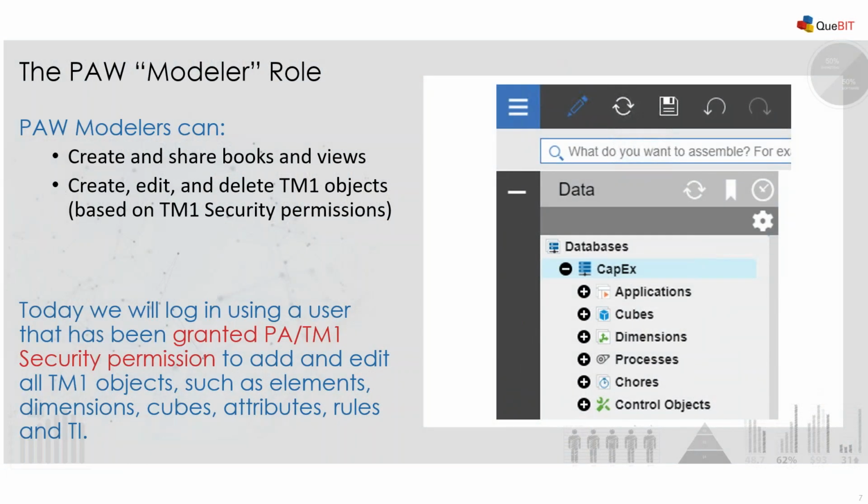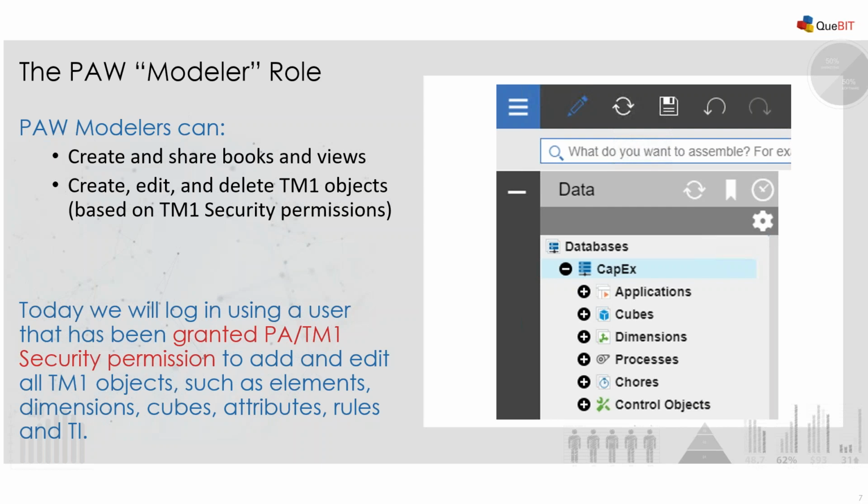With that, I wanted to tell you a little bit about the, quote, modeler role in TM1's Planning Analytics Workspace. So the modeler role really focuses on the ability for somebody to create and share books and views within PAW. This person would also have the ability to create, edit, and delete TM1 objects, but so long as they're granted that permission on the back end in TM1 Planning Analytics.